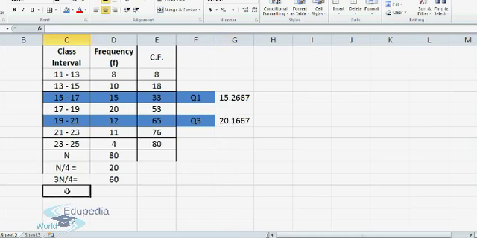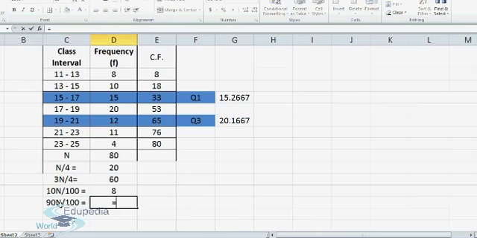Next, let's find out the value of P10 and P90. For that I need 10n by 100, which is 10 multiplied by 80 divided by 100, that is 8, and then I need 90n by 100, which is 90 multiplied by 80 divided by 100, and that's equal to 72.